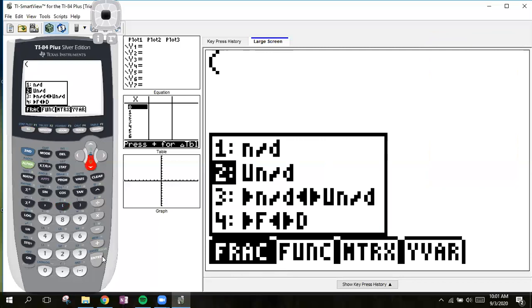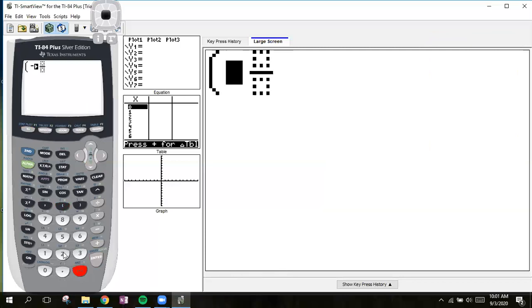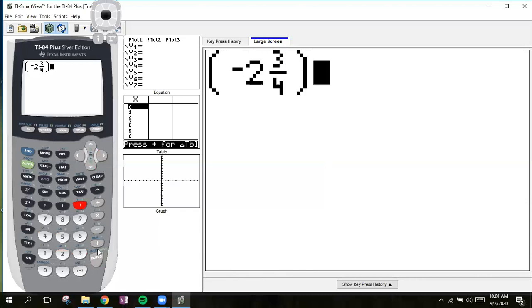All right, so we just typed in our mixed number. It was -2 and 3/4 plus 1 and I just cleared it all away.